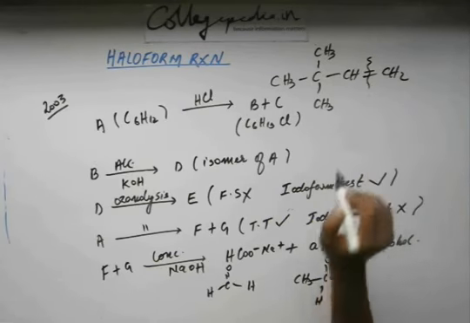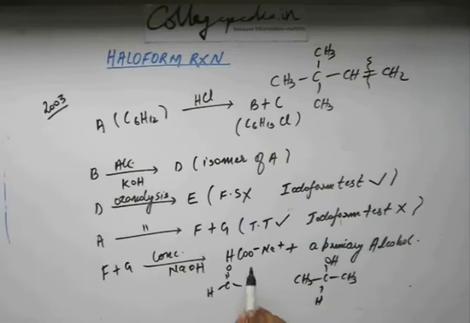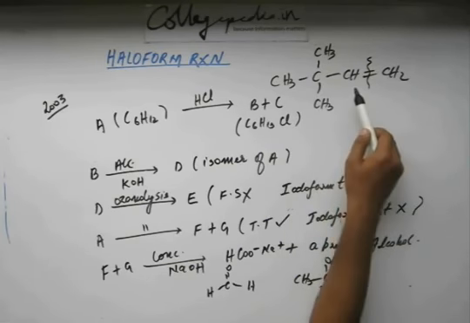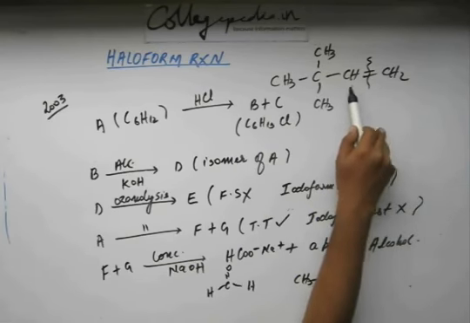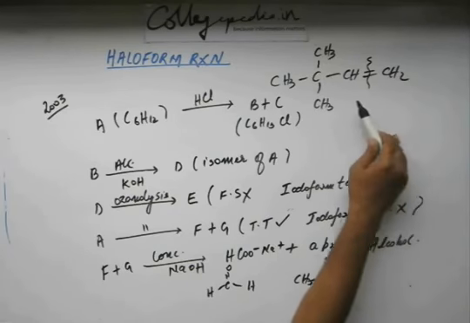Next, if you do ozonolysis as per this reaction, you're going to get two aldehydes. From the right hand side, you get formaldehyde, as is demanded for the formation of the sodium salt of formic acid, and from the left hand side you also get an aldehyde. And if you get an aldehyde, then after the Cannizzaro reaction you will have a primary alcohol as per the information given. So this structure fulfills all the demands.